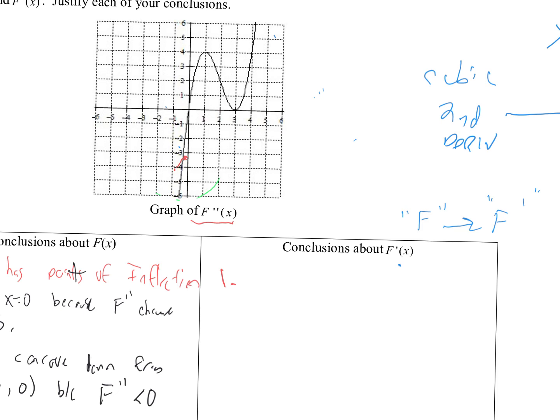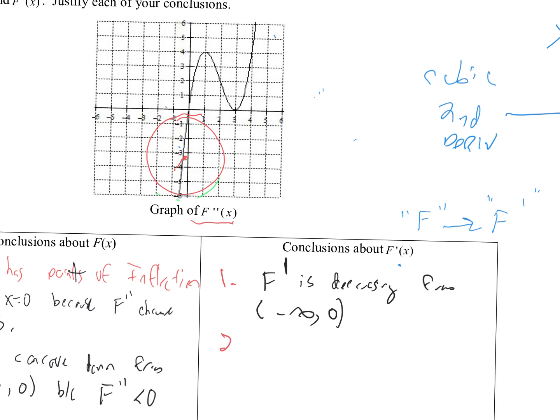Well, obviously, this area down here means the derivative is negative. That would imply that the function of that derivative is decreasing from negative infinity to x is 0.